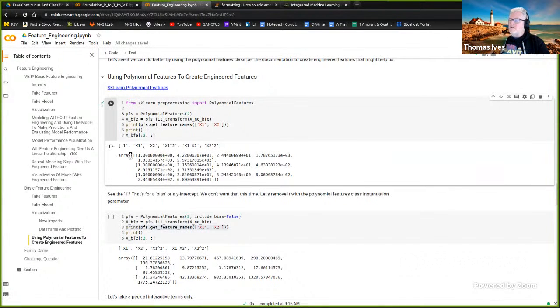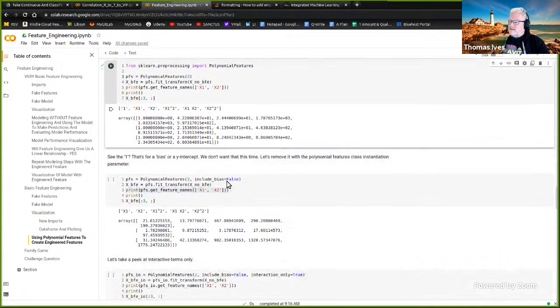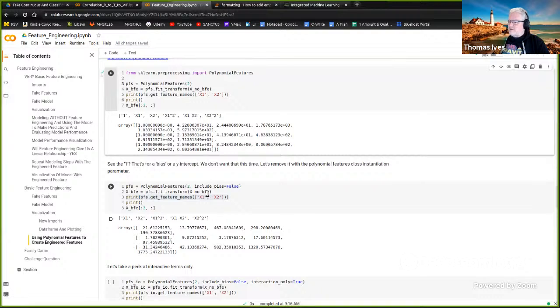We already know the tool to find that out, and that would be the p-value. I could have used Lasso to determine that too, but it's probably better we do that separately. So if we wanted to remove the bias from the polynomial features class, you could just do it this way: include_bias equals false.